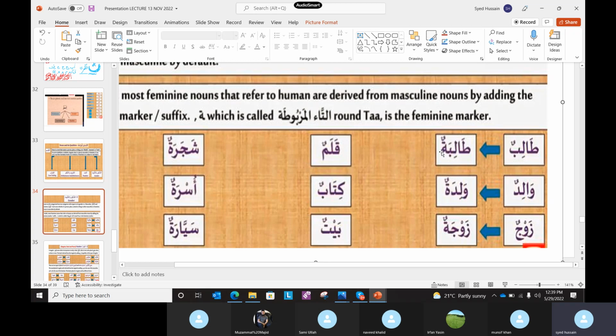In the Quran, you will find tons of words, at least ten words on every page, wallahu alam, approximately, with ta marbuta. So once it comes, you know that it is telling us about the female. I hope you have understood what is female and what is male so far.